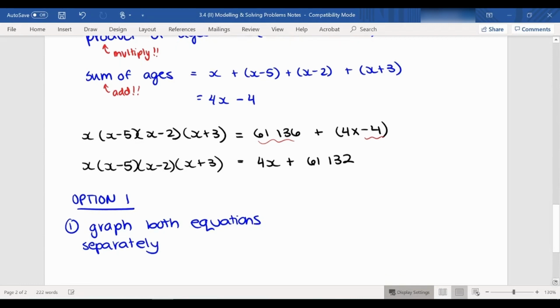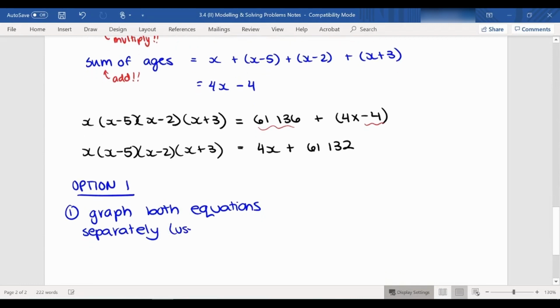Okay, you would use Desmos. And when I say both equations, I mean the left-hand side would be one equation, the right-hand side would be another equation. You're going to graph them both. And then the second step would be to find where they cross, find where they intersect.